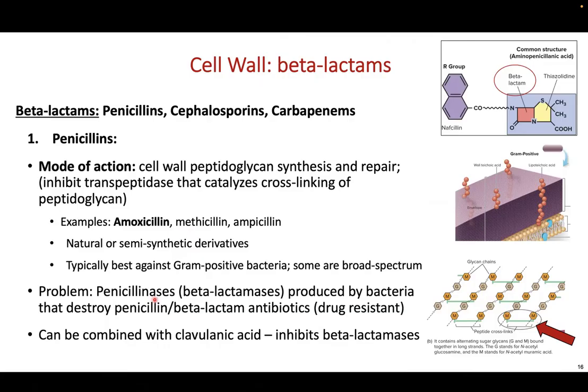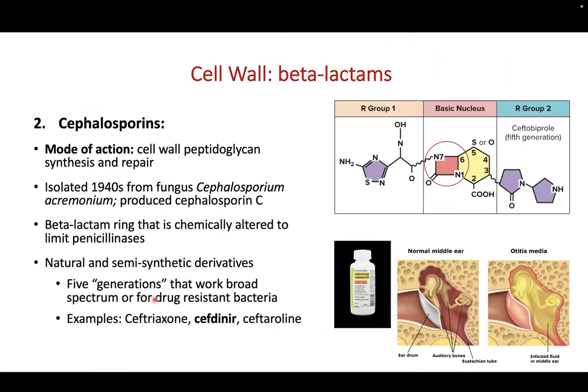For example, we can combine this with clavulanic acid, which inhibits the beta lactamases. Basically, these enzymes are produced by the bacteria, and when you combine your penicillin with clavulanic acid, it inhibits the activity of this enzyme produced by the bacteria. Then you can finally kill the bacteria.